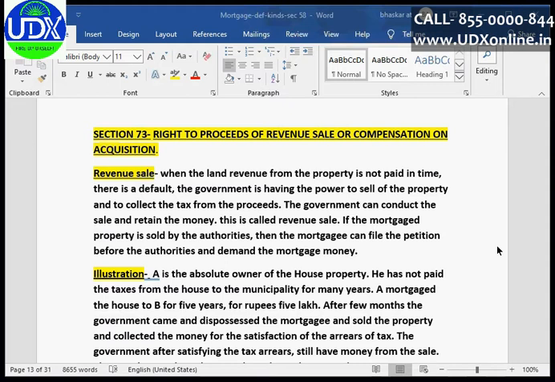Some 6-7 months back, one industrialist from India went to Australia. He wanted to start an industry there. And the people of Australia simply raised their voice, saying, this industrialist is a fraud.